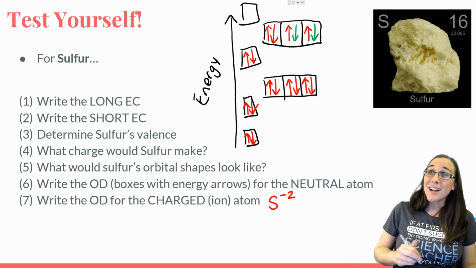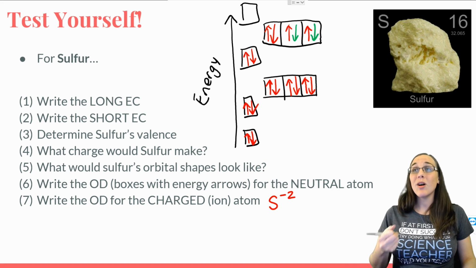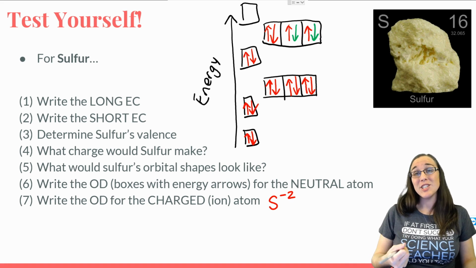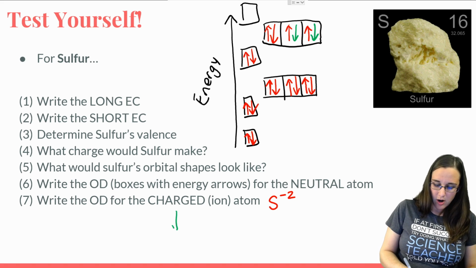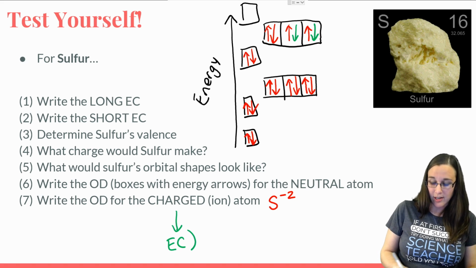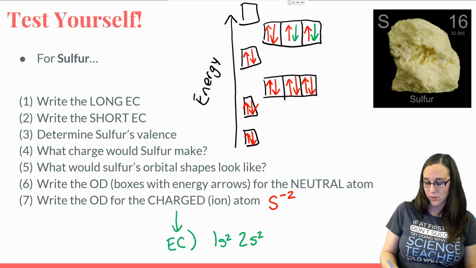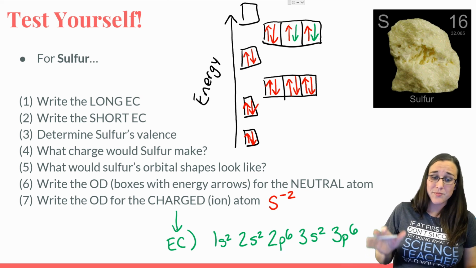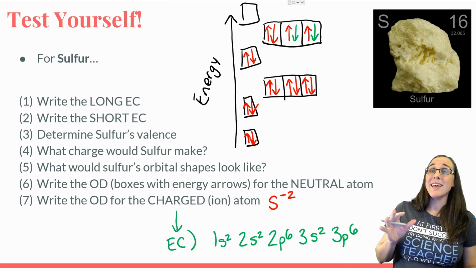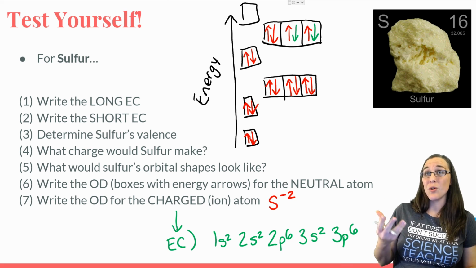Now, if we wanted to tack on one extra question here, we could also write out the electron configuration for the charged atom of sulfur. The charged electron configuration would be 1s2, 2s2, 2p6, 3s2, 3p6. Now remember, when we're talking about the electron configurations of charged atoms, they want to be like the noble gases.